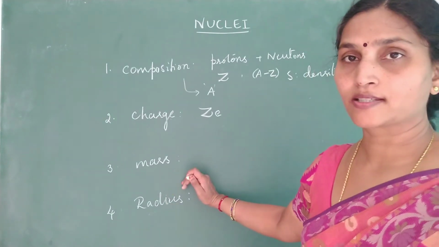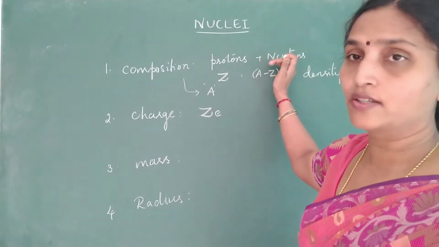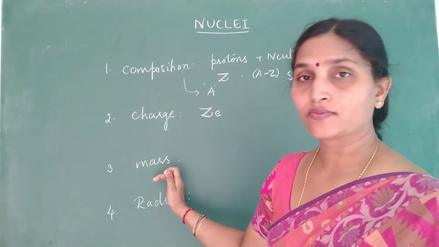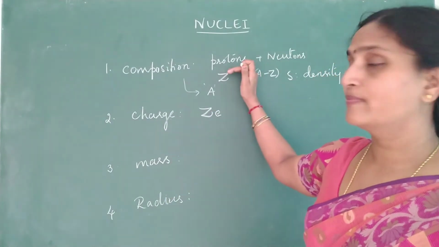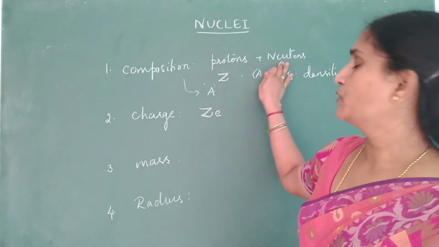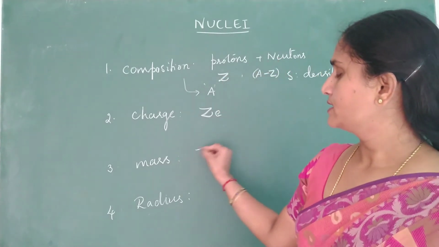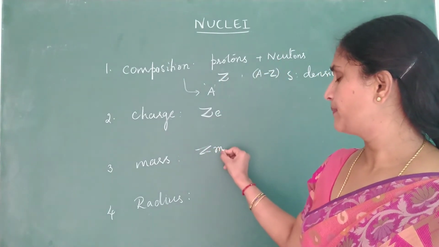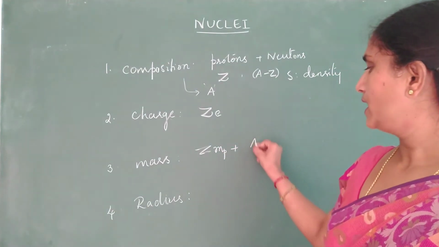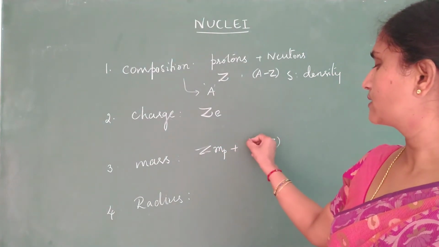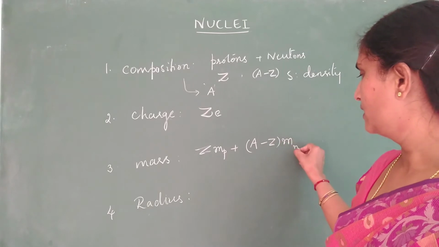Then coming to the mass. Since it contains protons and neutrons, the total mass of nucleus should be the sum of mass of protons plus the sum of mass of neutrons. So I will write the total mass as Z into mass of proton plus A minus Z into mass of neutron.